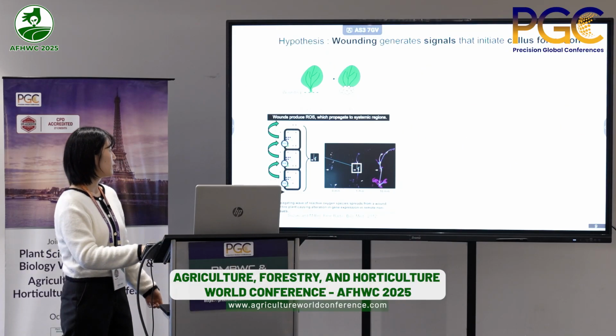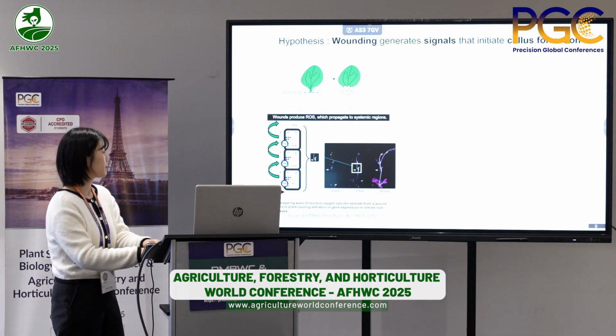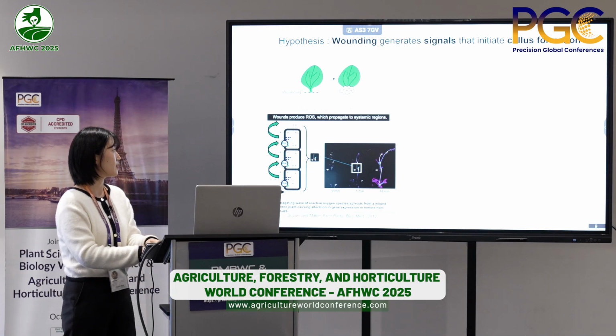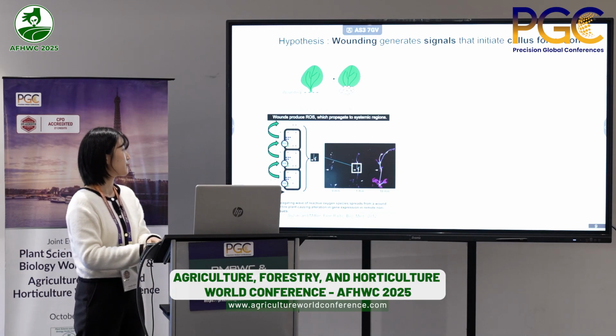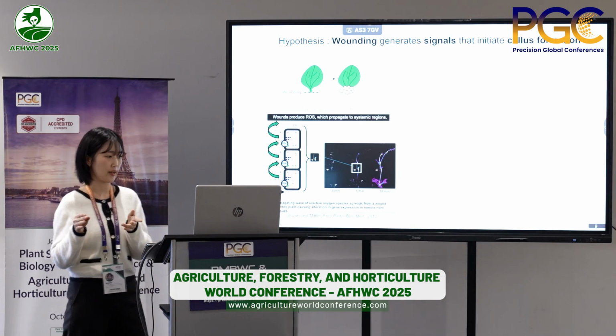Among them, we focused on reactive oxygen species, ROS. ROS are generated at the wound site and can propagate to distant parts of the plant.